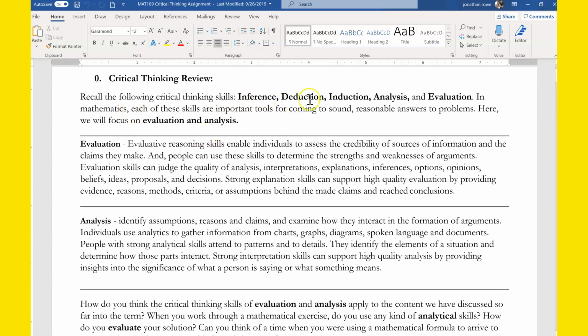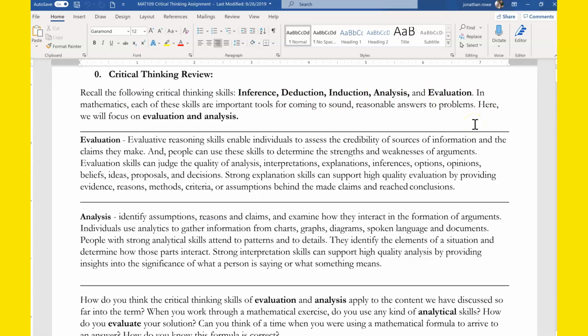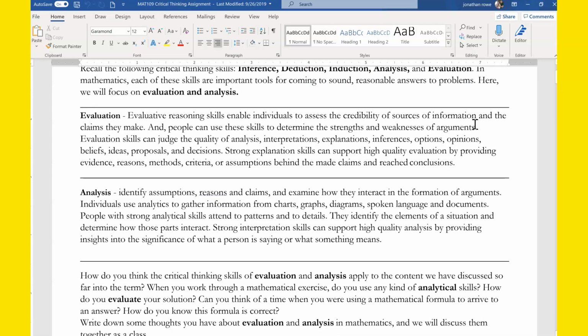So these are some skills that we are focused on: inference, deduction, induction, analysis, and evaluation. You might want to look those terms up if you're interested in them. Just Google the definition of those things as it refers to the bigger topic of logic or critical thinking.